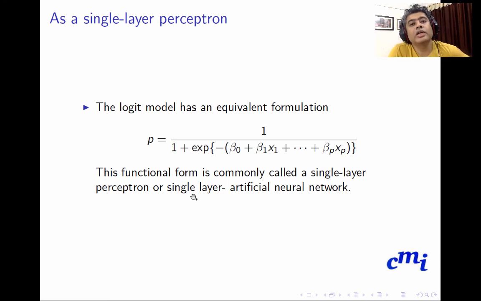Logistic regression is a special case of a single layer neural network, which are nowadays becoming very popular, particularly in deep networks. So we can say that logistic regression is sort of a building block to deep learning neural networks.